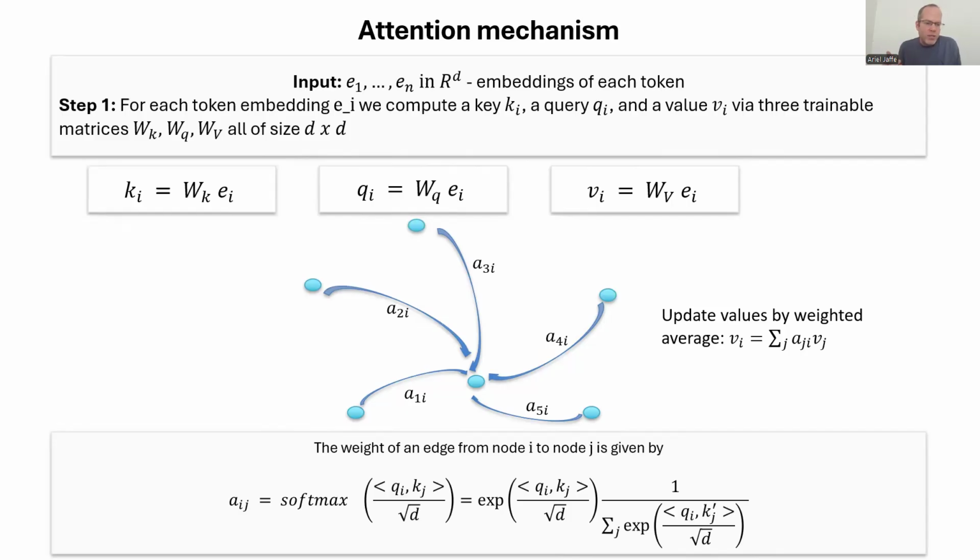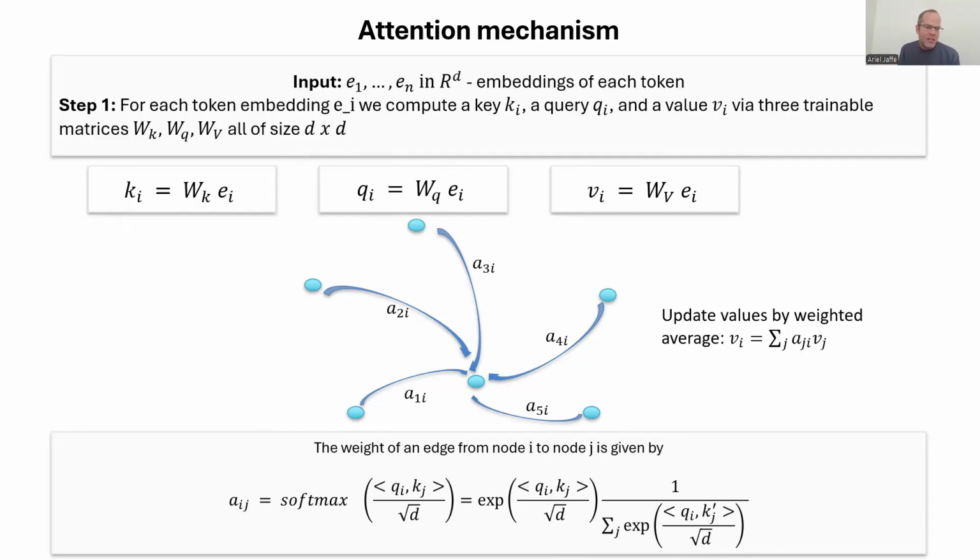But the way you use these is that once you compute the weights, then you update. So until now, only the key and the query played a part. But now, once you compute the weights of the edges, then you compute a new value for each node. And the new value is just a weighted average of all the values of the different nodes.